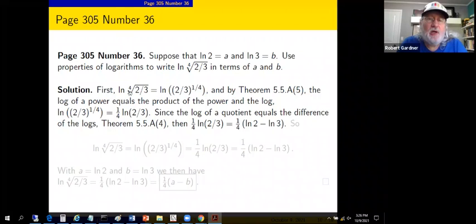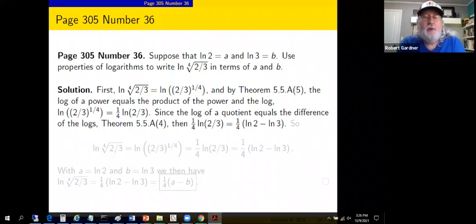So let's take the natural log of the 4th root of 2/3, write it as the natural log of 2/3 to the 1/4 power. So that radical becomes an exponent, definition of 4th root. And Theorem 5.5.a part 5, first part of part 5, told us you can bring that exponent out front. So that exponent of 1/4 inside the log function comes out as a coefficient, producing 1/4 natural log 2/3.